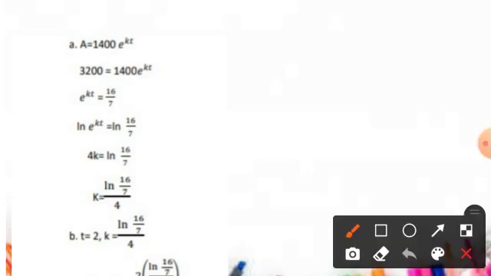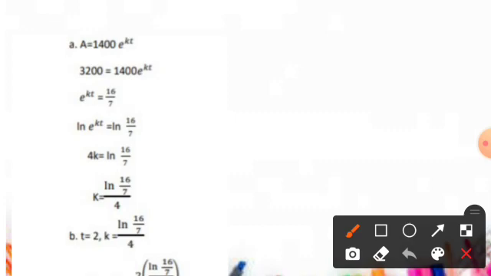So, for A, B is equal to 1,400, which is the number of bacteria that are given. A equal to B e raised to kt. So 3,200, which is the total population, equal to 1,400 e raised to kt.